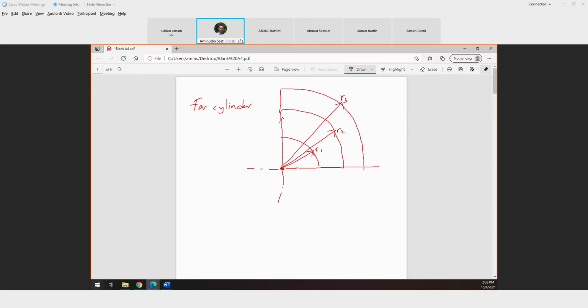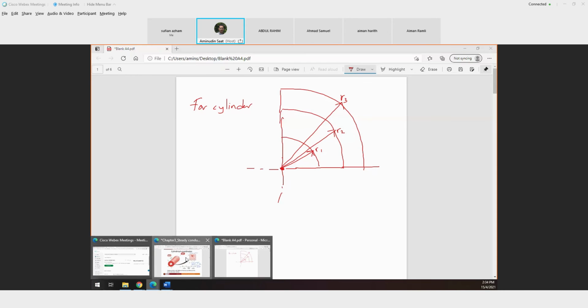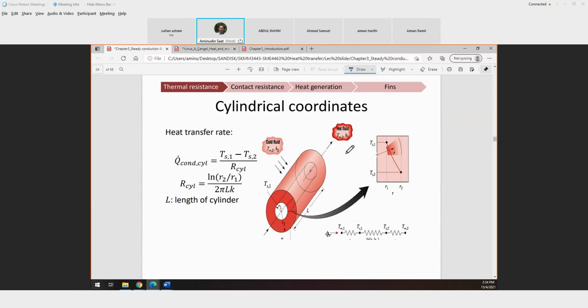So in the case of the cylinder, you also have the term thermal resistance for the cylinder.